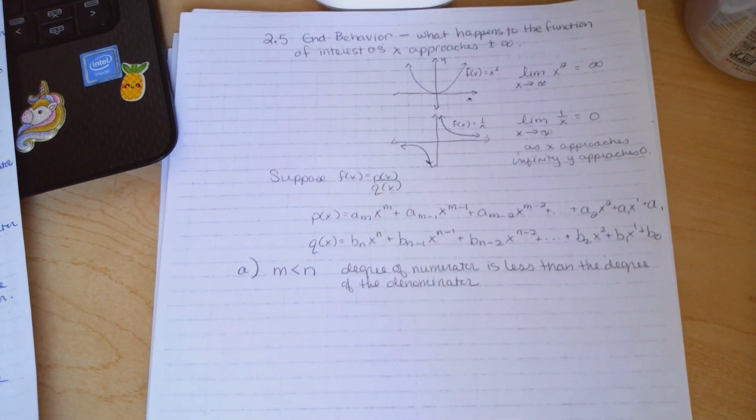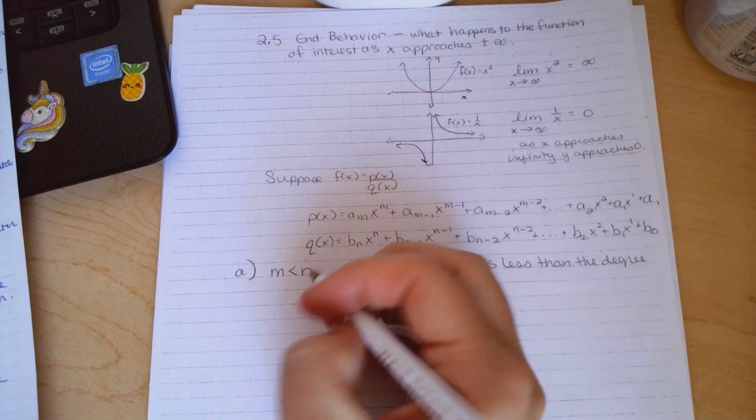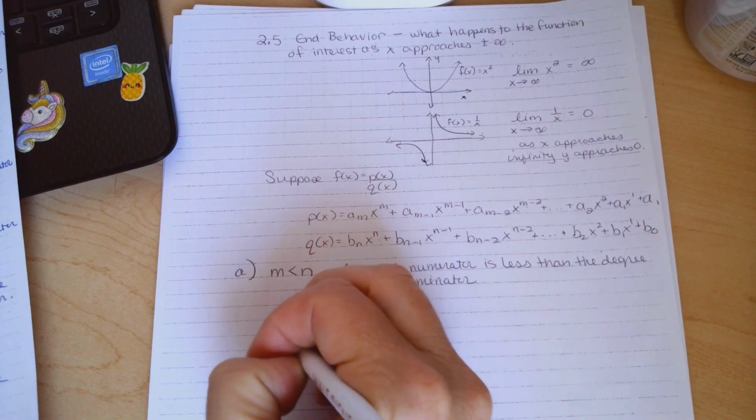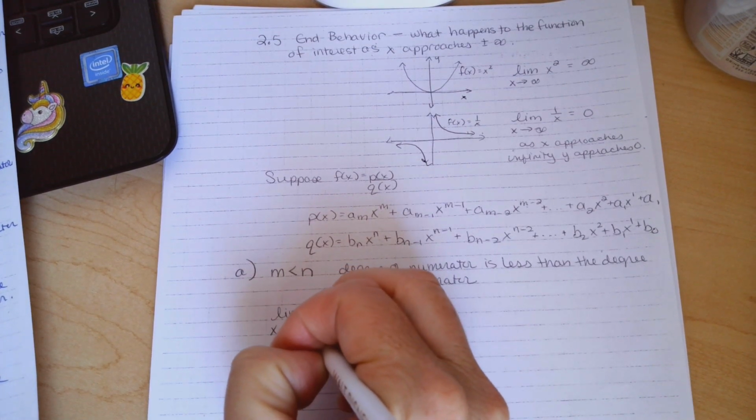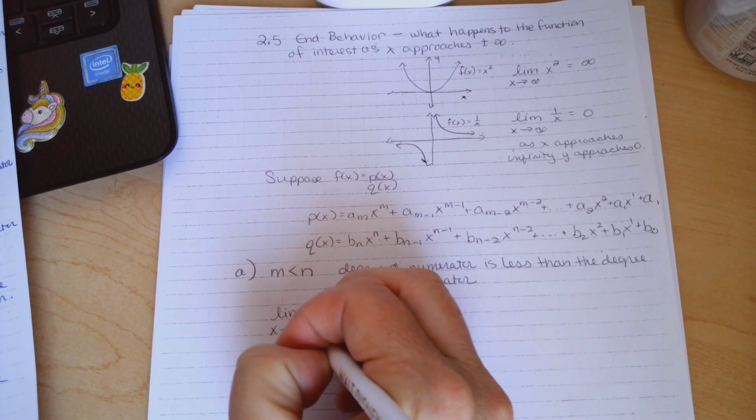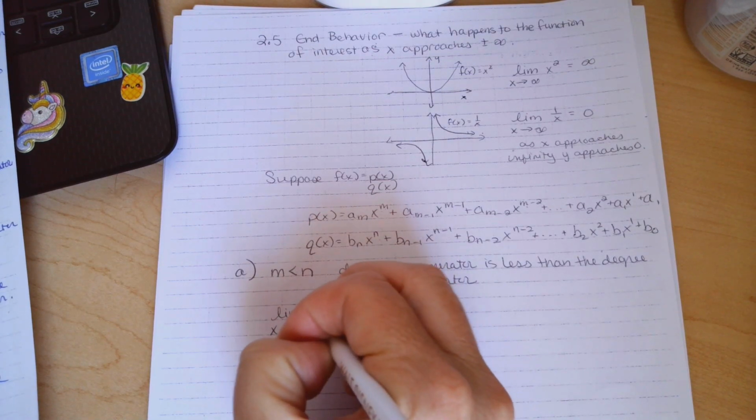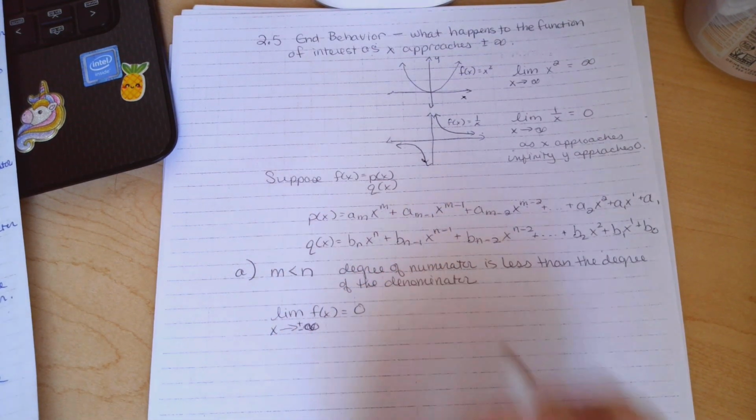Okay, and so when that happens, the limit as x approaches infinity, positive or negative infinity, it doesn't matter, of the function is going to equal 0.